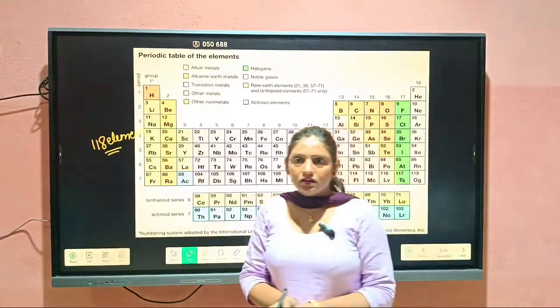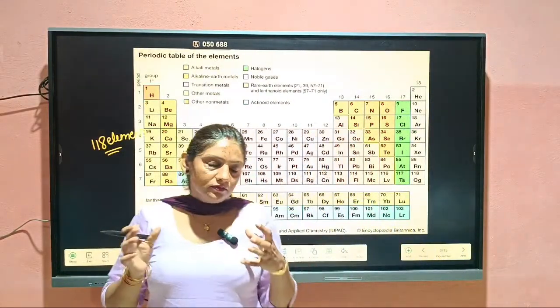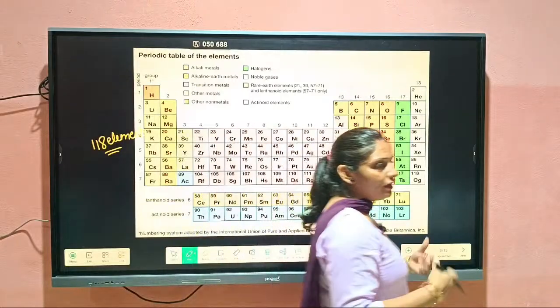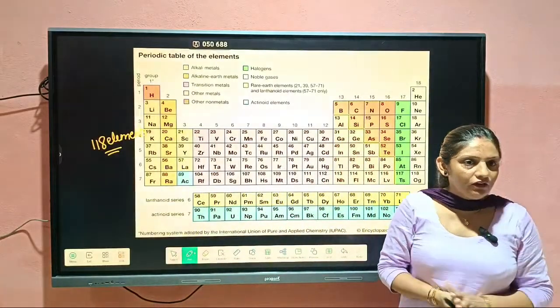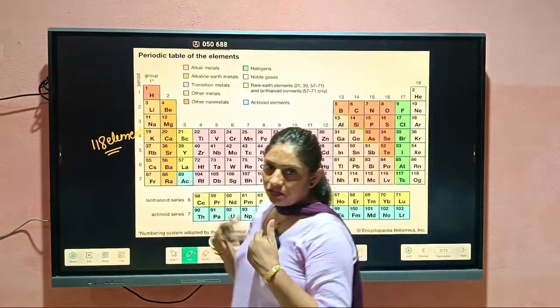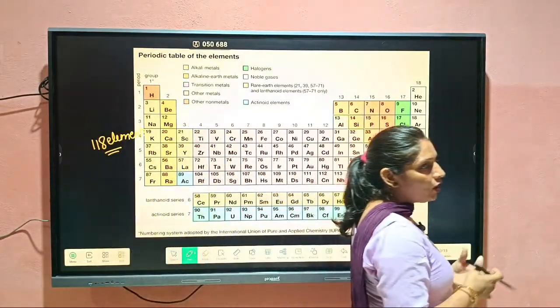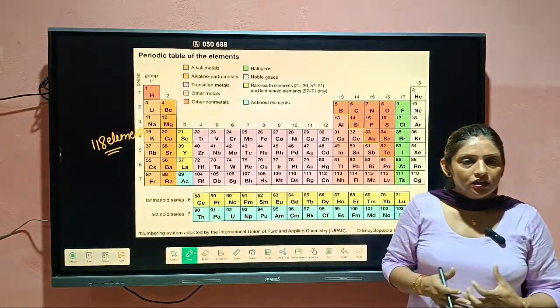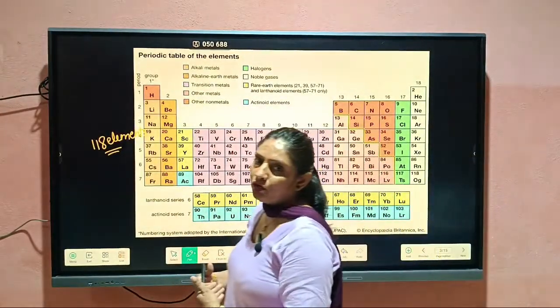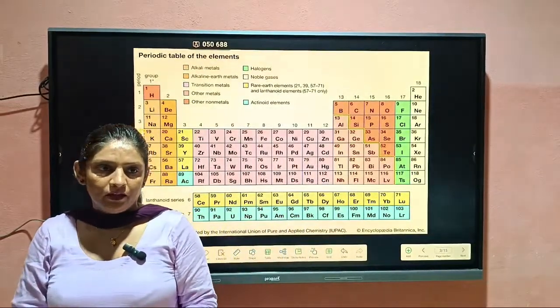But students, first of all, many scientists came and they gave their views about the periodic table. So today we will see the historical development of the periodic table.